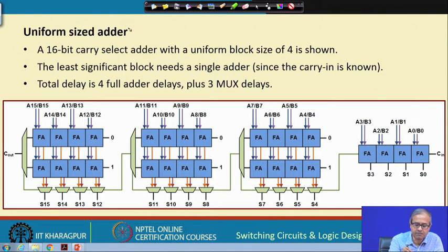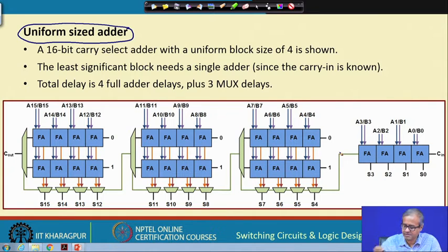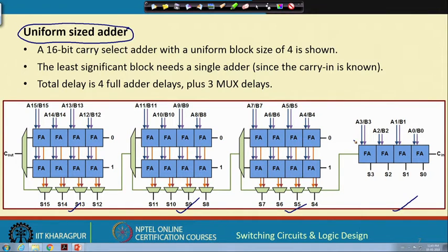This is an example of a uniform sized adder, where this is a 16-bit adder with first stage, second stage, third stage and fourth stage, each a 4-bit adder. For the first stage there is no confusion because carry in is directly available, so you do not need two copies of the adder, only one adder. But for the other stages there are two adders and they are adding with carry 0 and carry 1 in parallel.